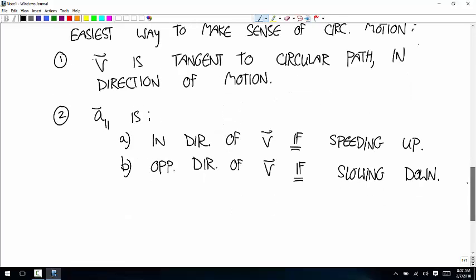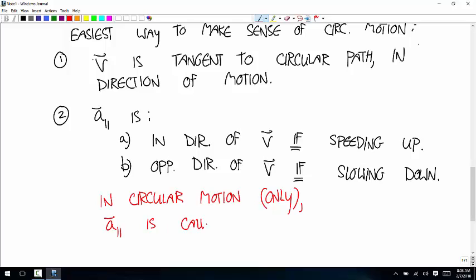There's one thing. When you're talking about circular motion, we use a new term for the parallel part of the acceleration and for the perpendicular part of the acceleration. In circular motion, and only in circular motion, a parallel is called the tangential acceleration.